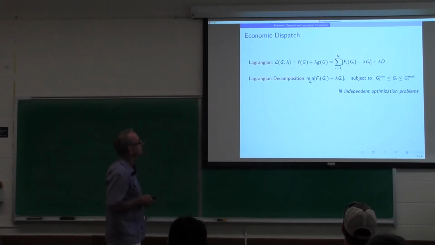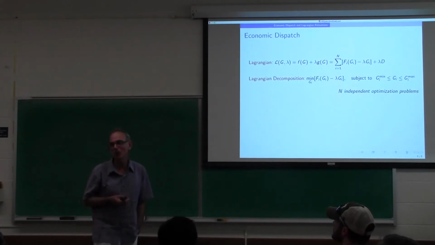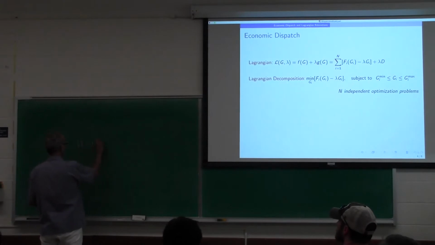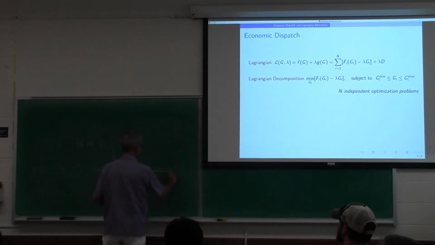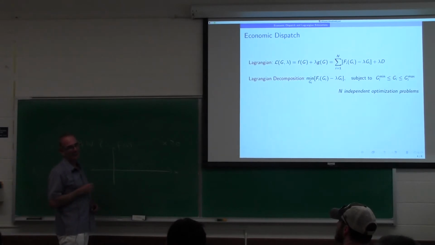All right, so when we minimize this over G, we actually get to minimize each one separately, subject to these inequality constraints. So the reason I gave you that really dumb homework problem, homework 2, was that I wanted you to minimize the function over x greater or equal to 0.